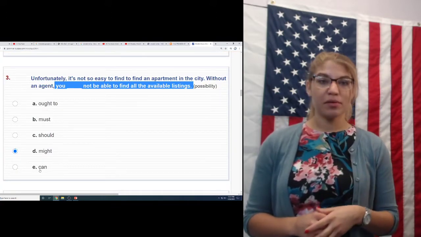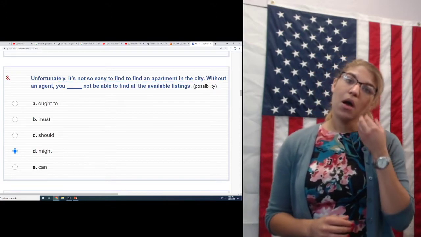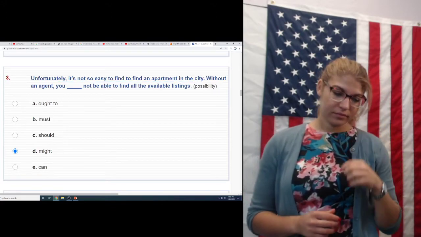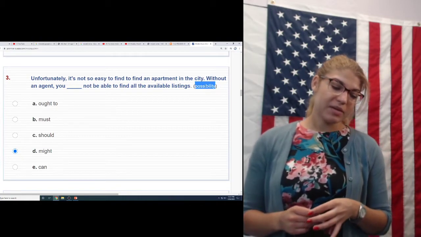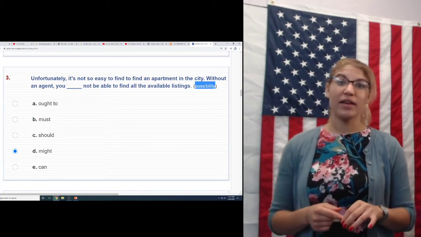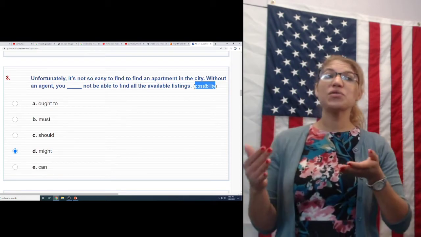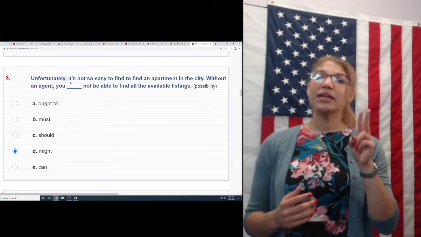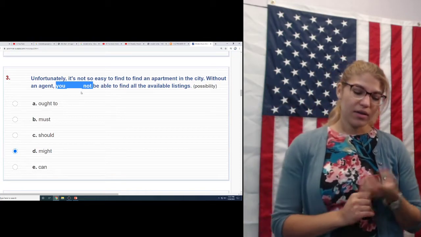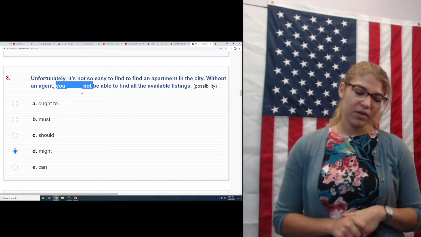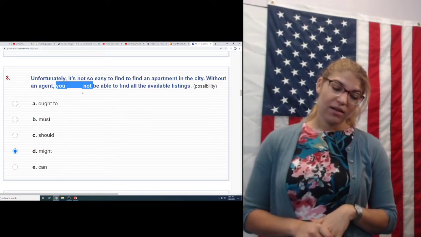You cannot be able to find all of the available listings.